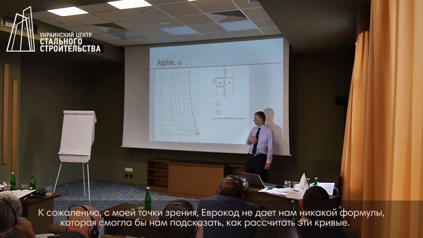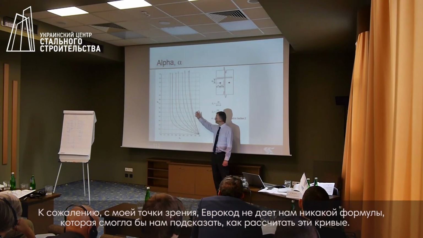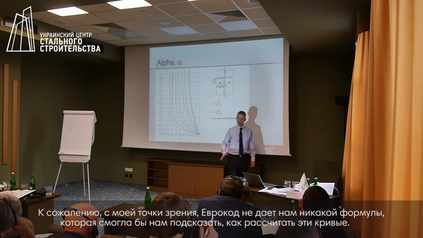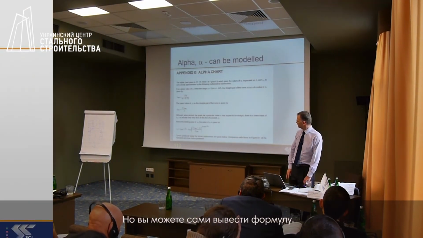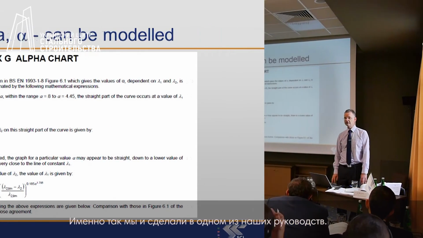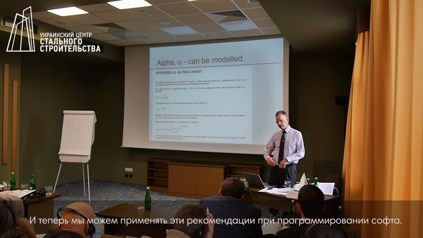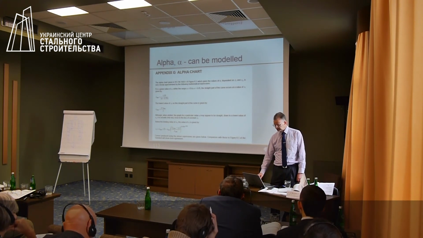Unfortunately, in my view, the Eurocode does not give you the formula or the expressions to calculate these curves. You can develop your own expressions, and that's exactly what we have done in one of our guides, so that we can program it into software.